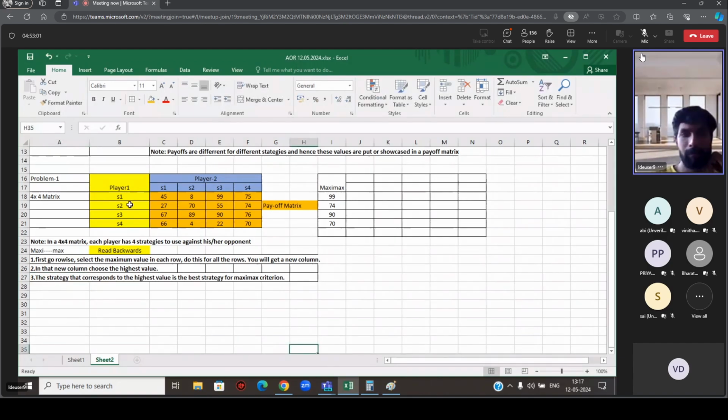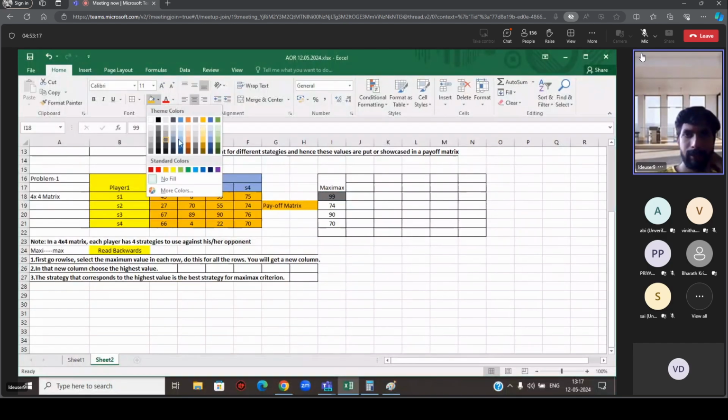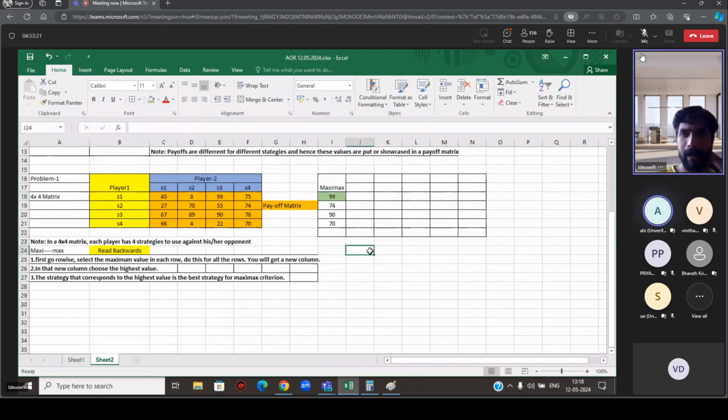Go row wise, take the maximum, do this for all the rows, you will get a new column, and in that new column, choose the highest. So now in this column, which is the highest? 99. Highlight 99.